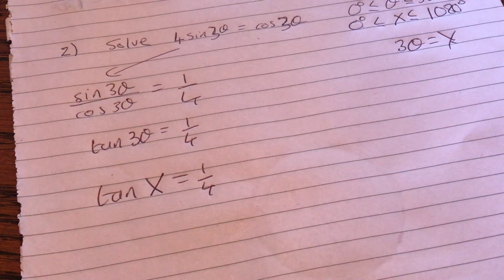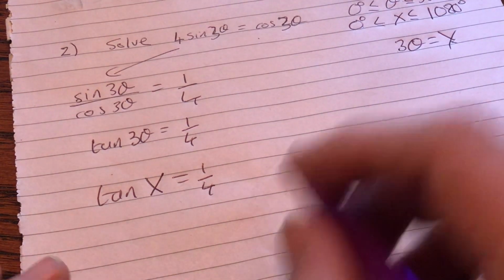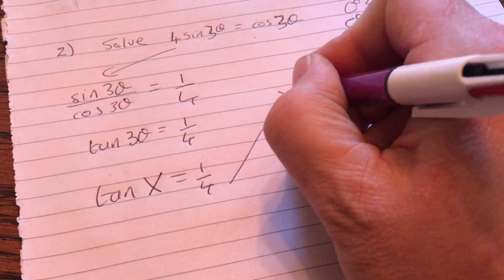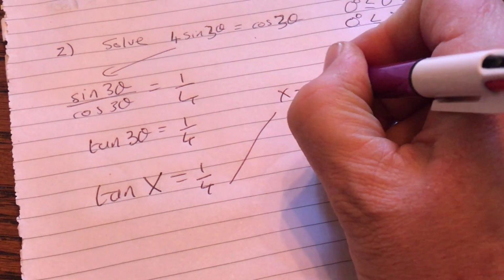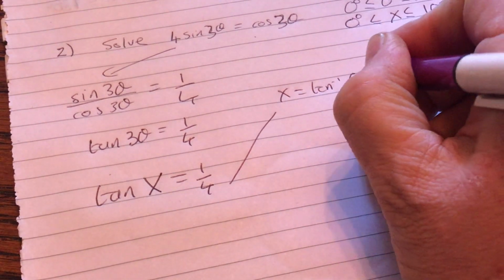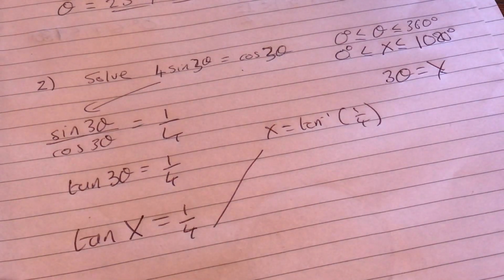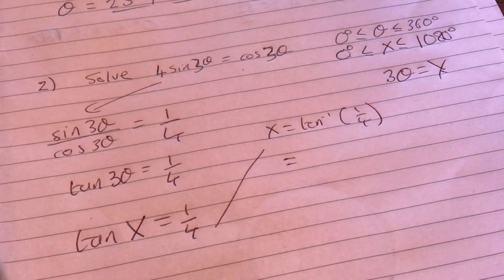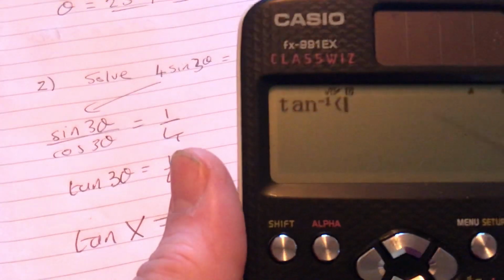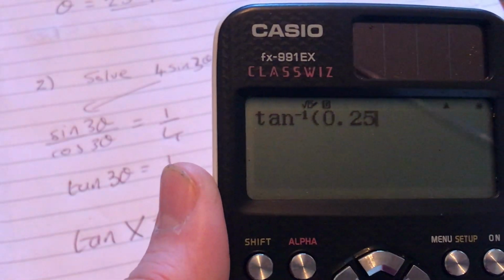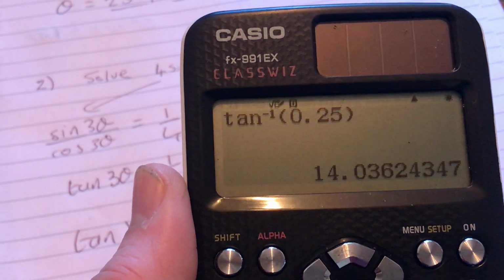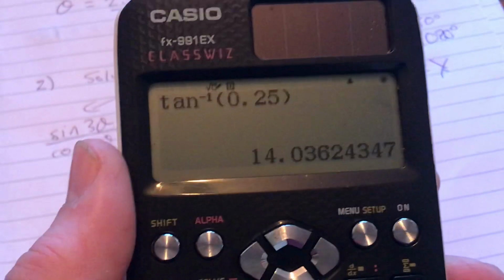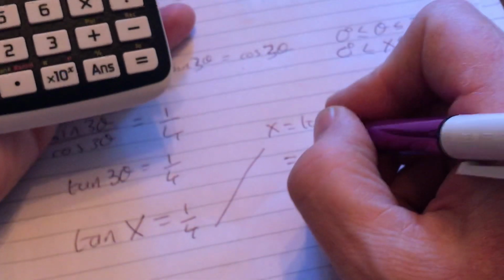So let's find our principal solution. X equals inverse tan of a quarter. Shift tan, just write 0.25 just for speed there. Call it 14 degrees, just giving you an idea here. We're going to do it to the nearest degree.